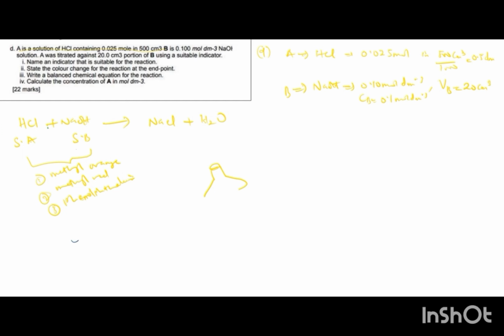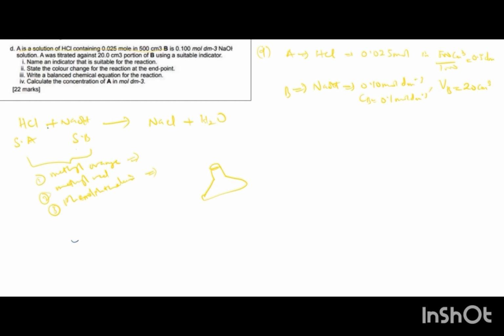I said an indicator that is suitable. You can write any of these three as suitable for this. Why? Because it's a strong acid and a strong base. You can use either methyl orange, methyl red, or phenolphthalein. Then the question says state the color change at the endpoint, meaning for the indicator you picked.